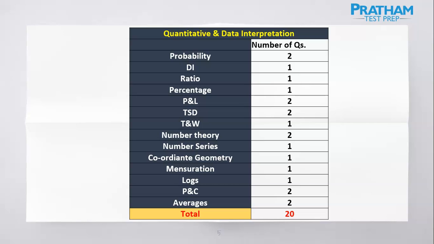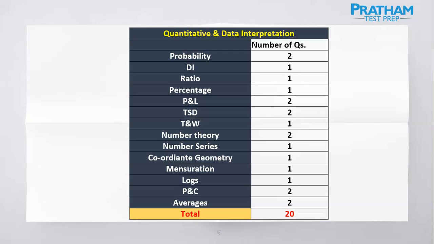So if you look at the entire paper, we realize the paper comes out as an easy paper, but we'll have to wait for another 2 days. Only then can anything concrete be said about the exact percentage, percentile, or marks that a student should get.